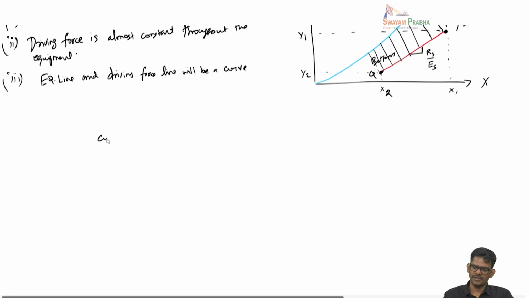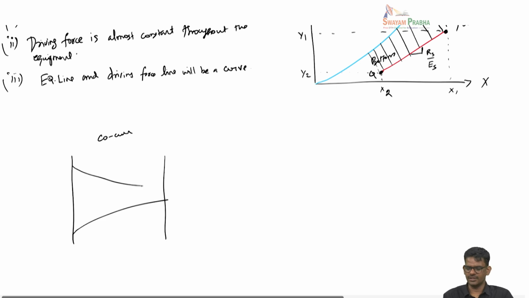Whatever I'm saying about co-current and countercurrent differentiation is exactly the same as you do for heat transfer. Only in heat transfer, we don't represent the equilibrium line and operating line, everything. We draw only the temperature profile. For example, in co-current heat transfer, one fluid is increasing its temperature, the other fluid is decreasing its temperature.